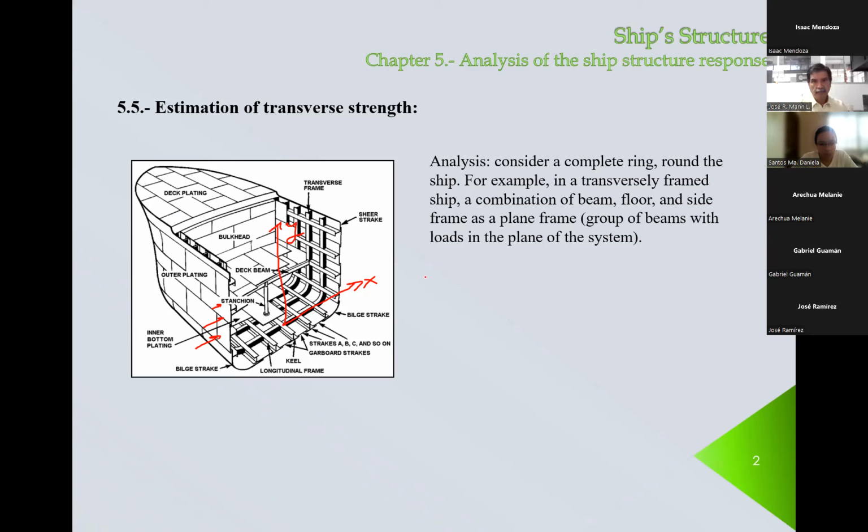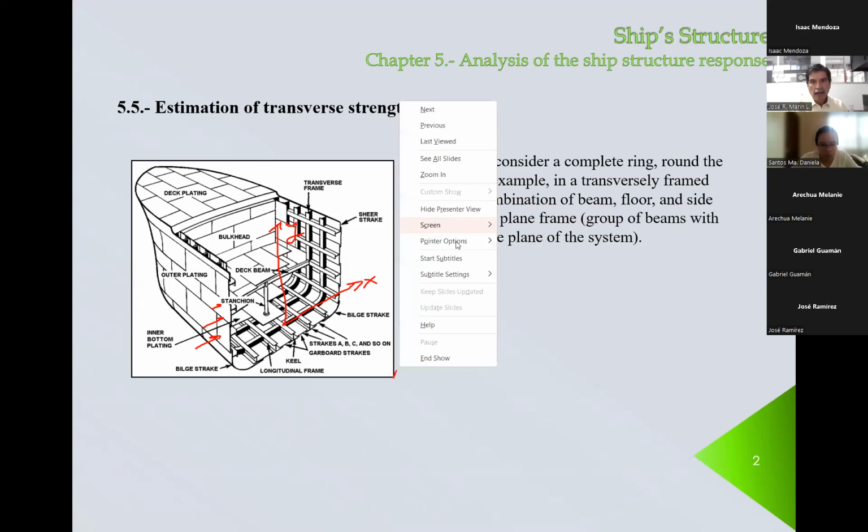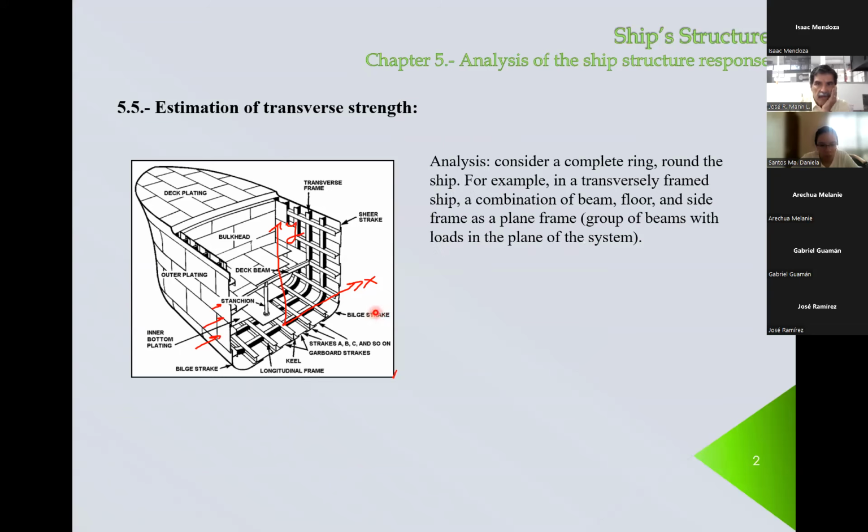Analysis. Consider a complete ring around the ship. For example, in a transversely framed ship, a combination of beam, floor, and side frame as a plane frame, a group of beams with loads in the plane of the system.